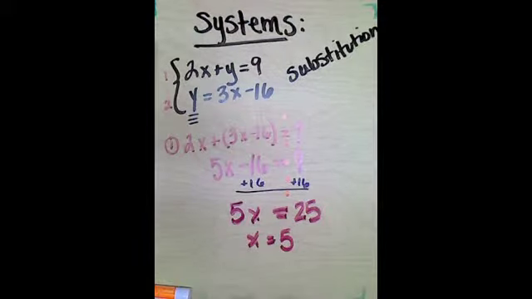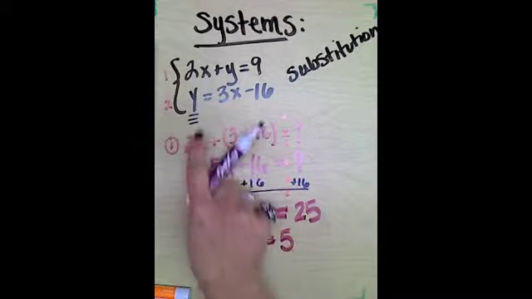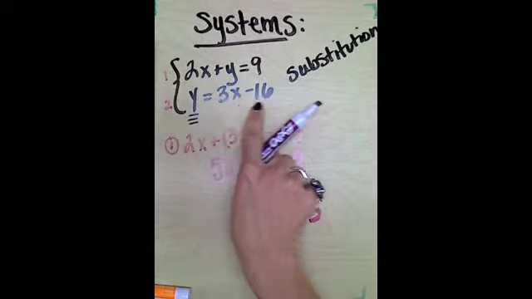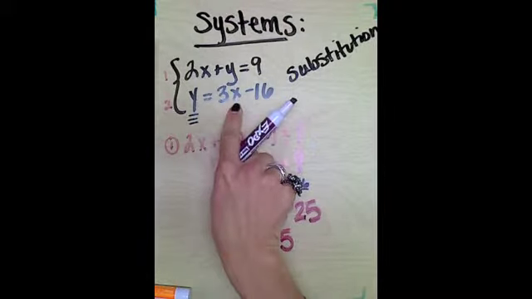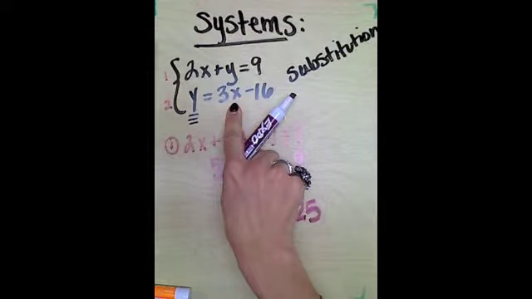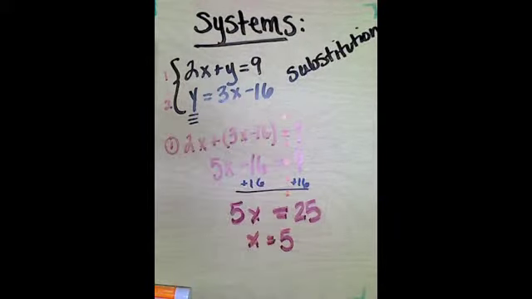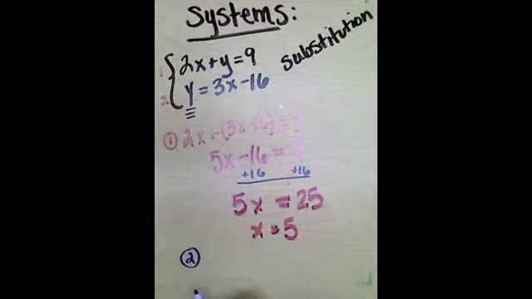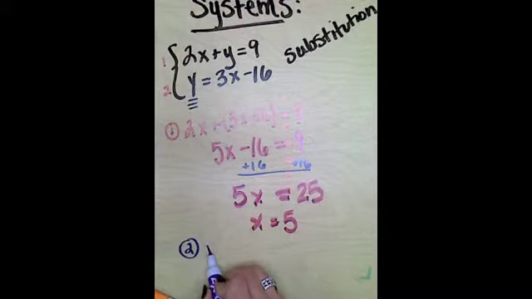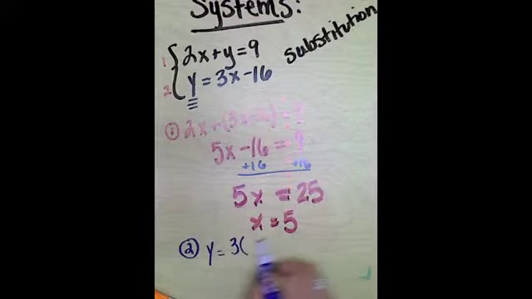Now that only solves for one of the variables, but if you look back up here, it's already set for us to plug in again, substitute in again our 5, and it will solve for y. So down here, what we're going to do is we'll take equation 2, and we'll go ahead and plug in y equals 3, and instead of x, we're going to plug in our 5, minus 16.